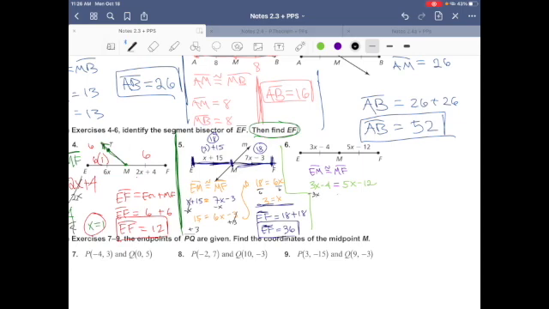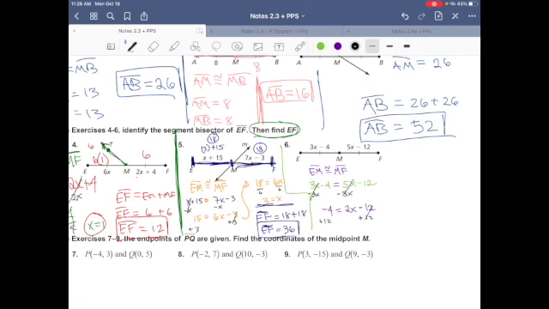So now I'm going to subtract 3x from both sides. And we get negative 4 equals 5x minus 3x is 2x minus 12. Then I'm going to add 12 to both sides.